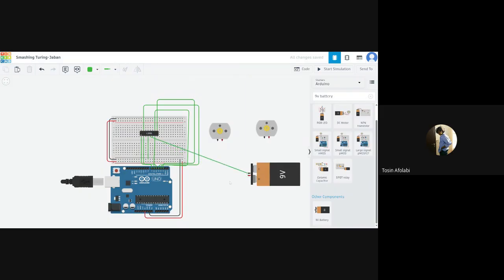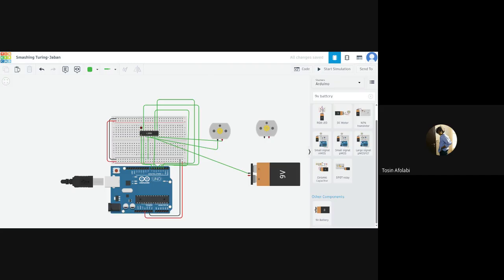I think this output goes to, I guess, motor wire 2, and motor wire 1 connects to output 1 should be here. Output 1.